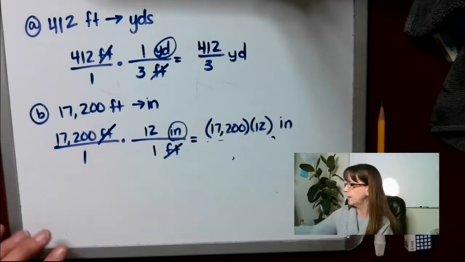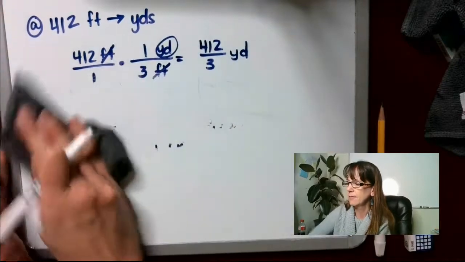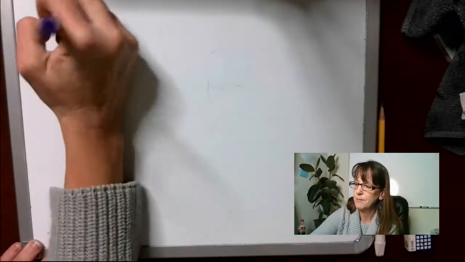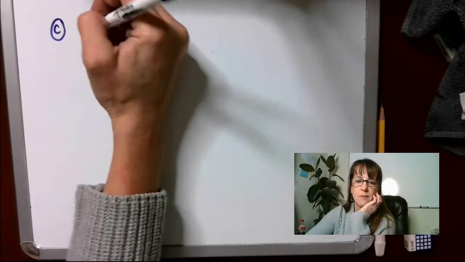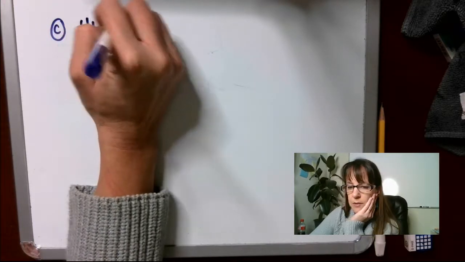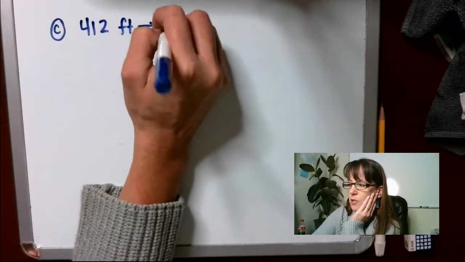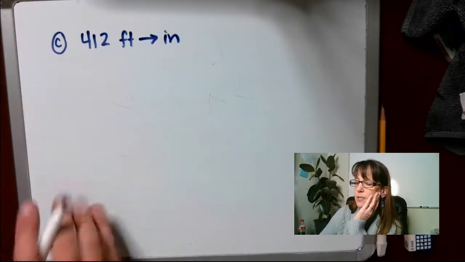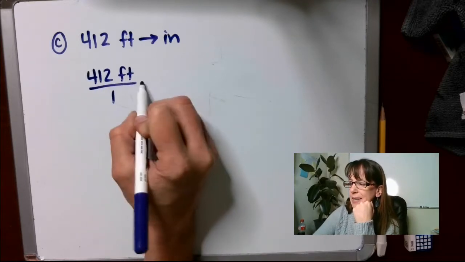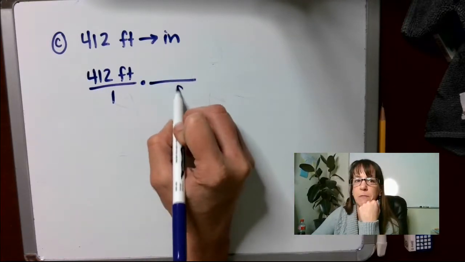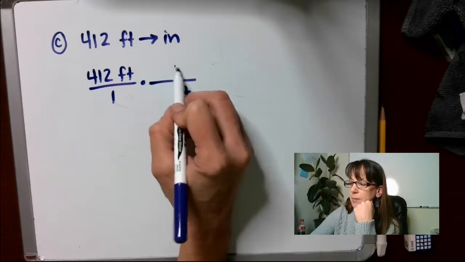Okay, so then let's do C. 412 feet to inches. First things first, we're going to put this over 1. 412 feet over 1 times, we're going to put feet on the bottom here, inches up top here.